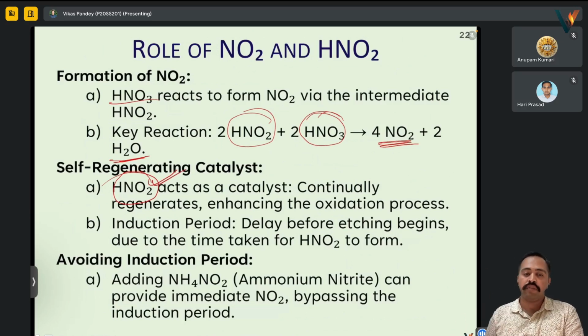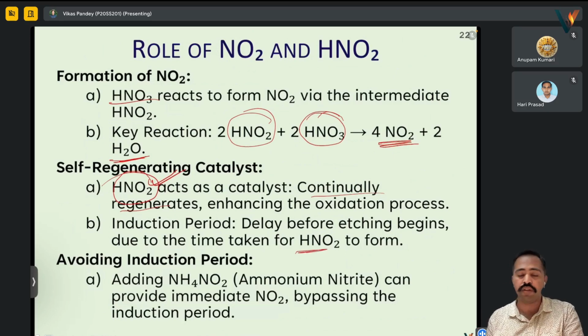It is continually regenerated, and as such, this is a self-continuing process. We don't need to keep adding some catalyst.